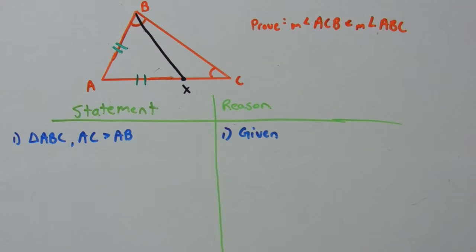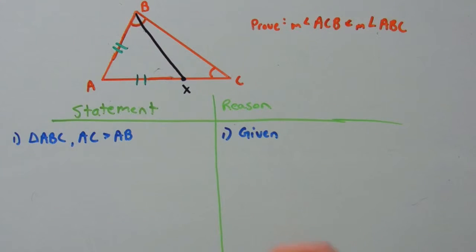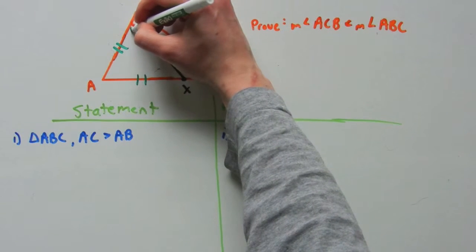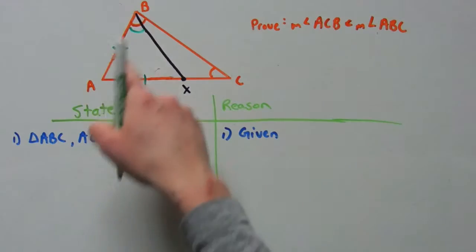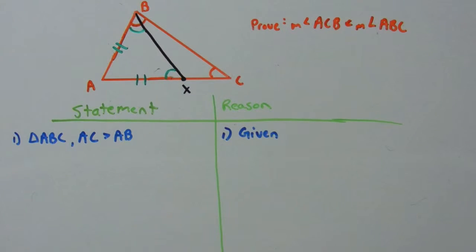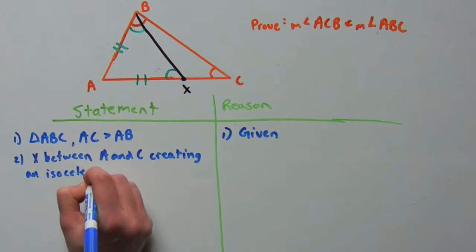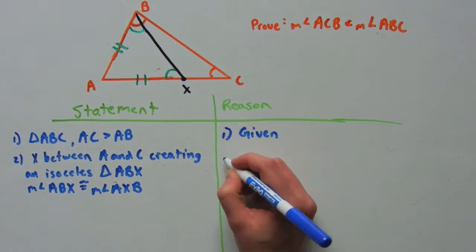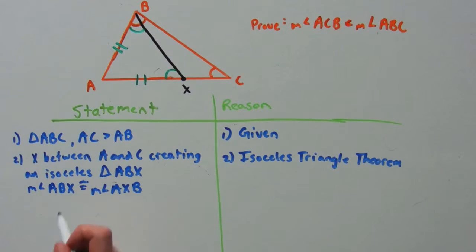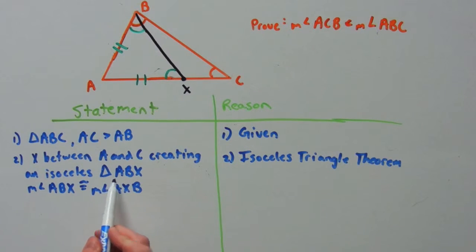And remember also, since this is an isosceles triangle and those two lengths are equivalent, the angle ABX would also be congruent to the angle AXB. And that's by the definition of an isosceles triangle. I wrote down that I created a point X between A and C that made an isosceles triangle ABX.